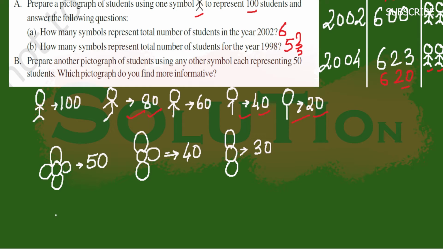Then if I take 2 parts, it will represent our 20, and if I take only 1, it will represent our 10. So this is how I am representing the numbers with the help of different pictures.